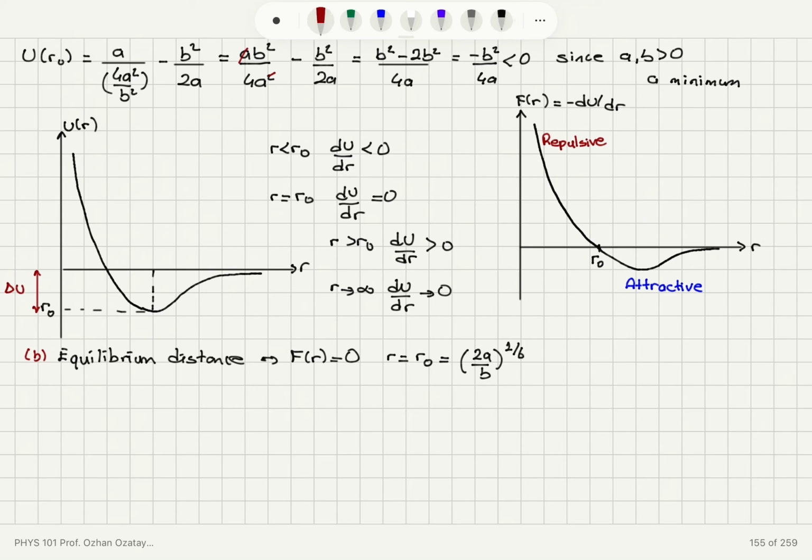So this is the equilibrium distance between the atoms.